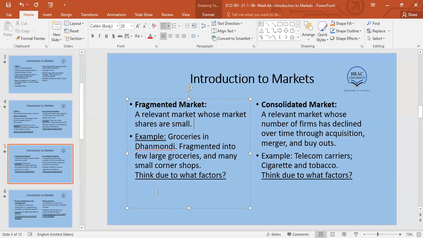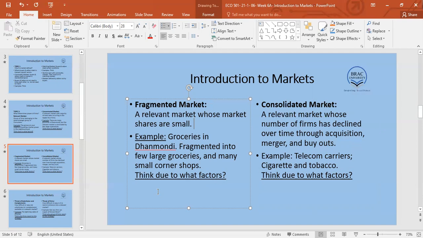So over time, what happened? Either these small firms could not do business, they became so fragmented that they had to leave, or some company ended up buying them, which happened in the case of Robi, which was Actel before it became Robi, and that was bought by some Singaporean firms and then a Malaysian firm.